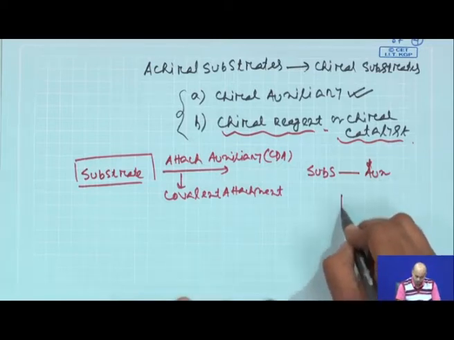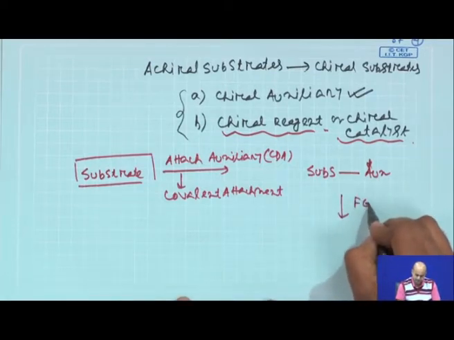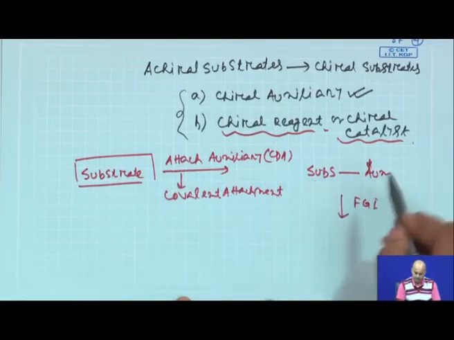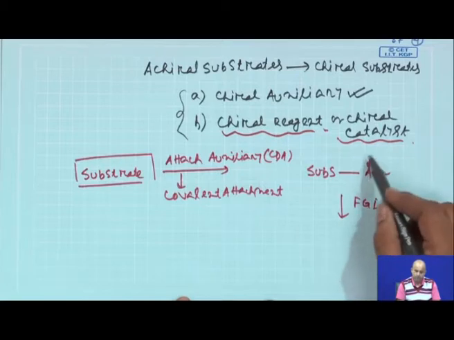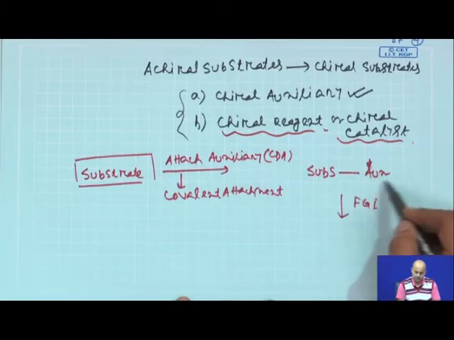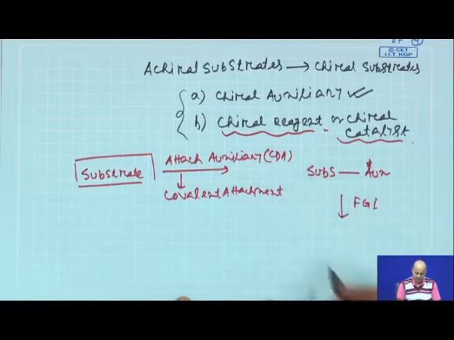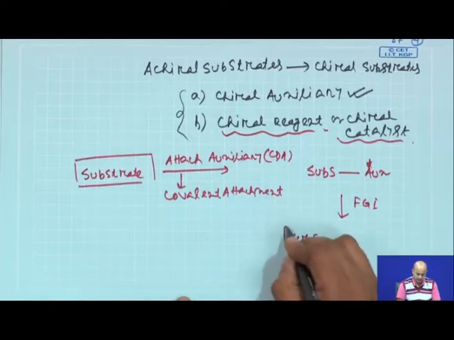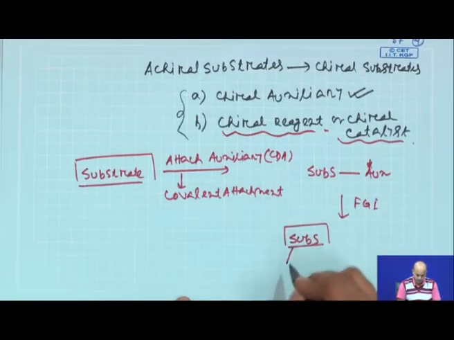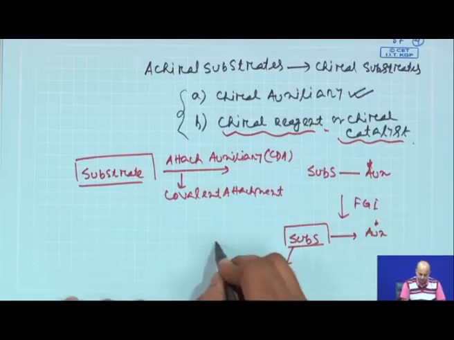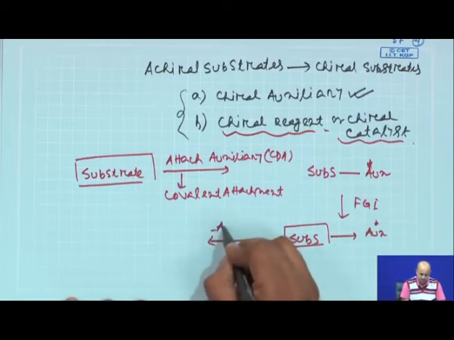Now, you do the necessary FGI. This FGI will be done on the substrate part. The auxiliary part has a stereocenter, and this stereocenter will control the formation of the new stereocenter. So, your substrate will have some new bond formation, the auxiliary remains here, and now you get rid of the auxiliary.